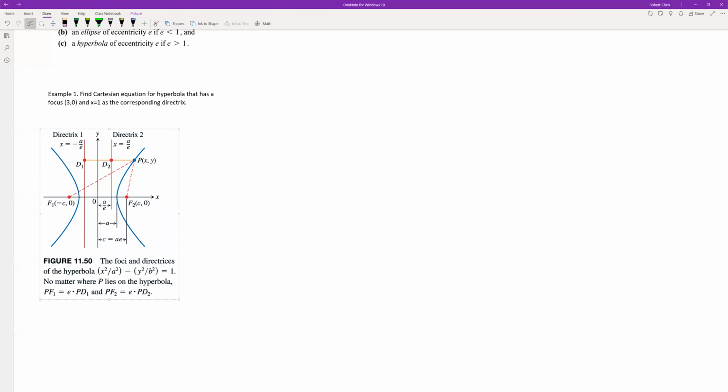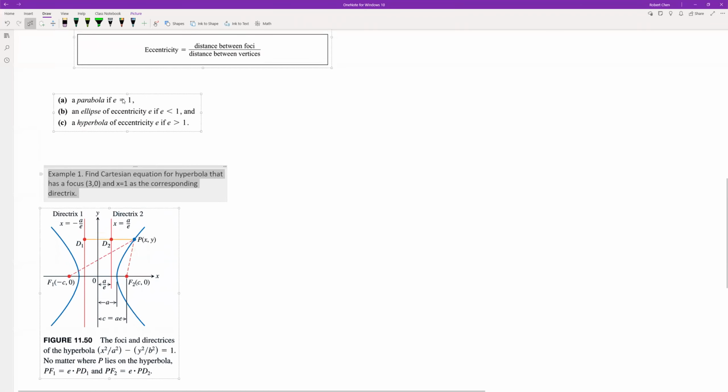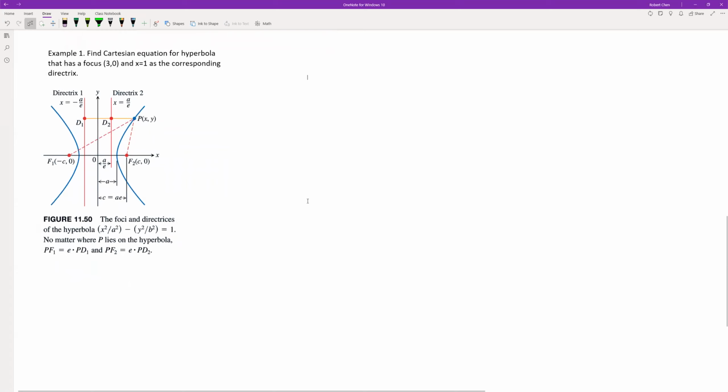For our example one, we want to find the Cartesian equation for a hyperbola that has a focus at (3, 0) and x equal to 1 as the corresponding directrix. We're going to use this figure to help us out with our equation. A focus at (3, 0) means it's going to be on the horizontal focal axis, which is opening to the left and right.